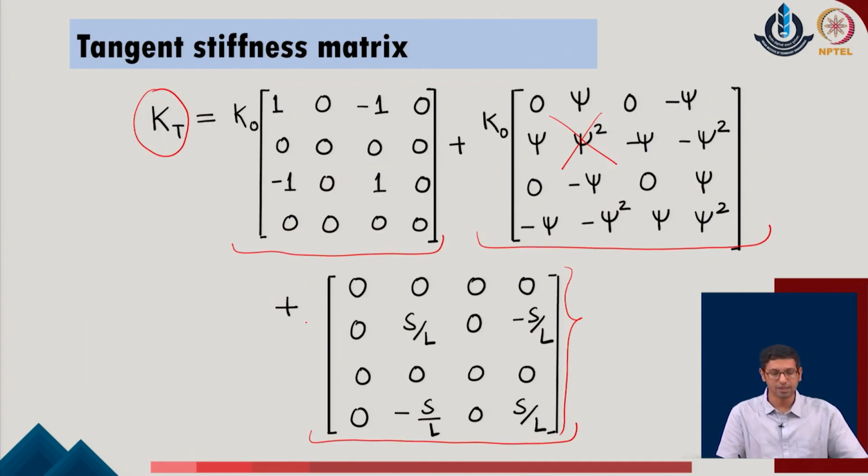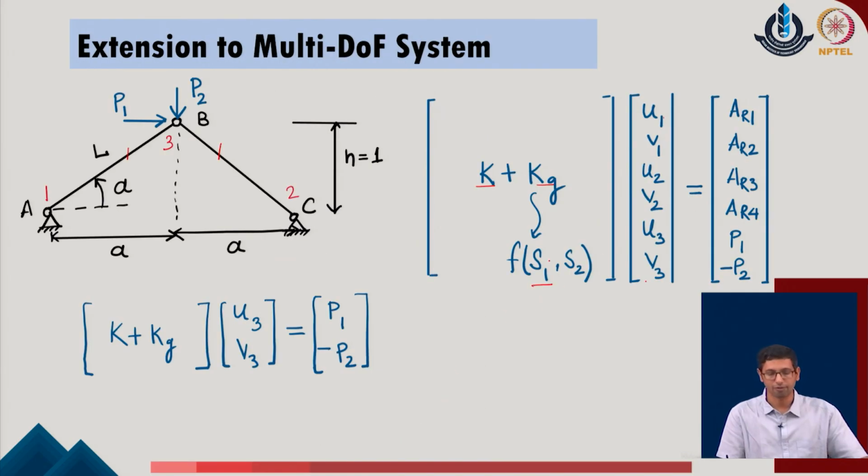So, KT comes out as a function of the member force. With member 1, the force is say S1, and with member 2, the compressive force is say S2. Accordingly, the Kg will come out as a function of S1 and S2 in the given system.